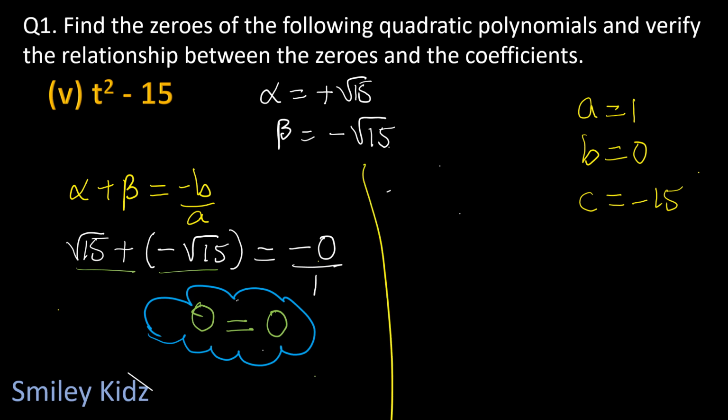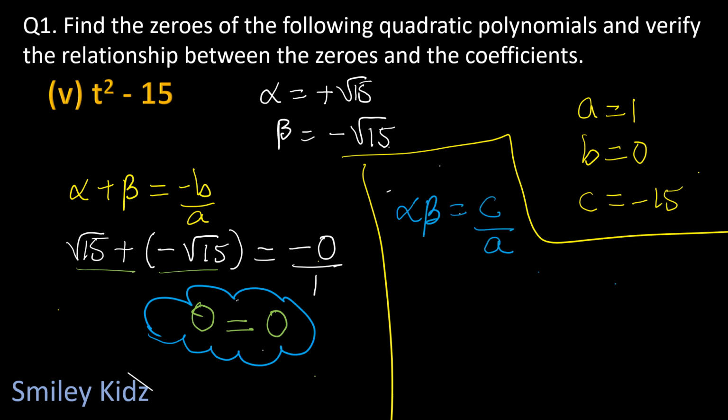Now let's have a look at the product of the zeros and the coefficients. Now alpha beta, that is the product of zeros, will be equal to c by a. And what is alpha? Root 15. What is beta? Minus root 15. Which is equal to what is c? C is minus 15 upon what is a? 1. Now root 15 times minus root 15 will give you what?